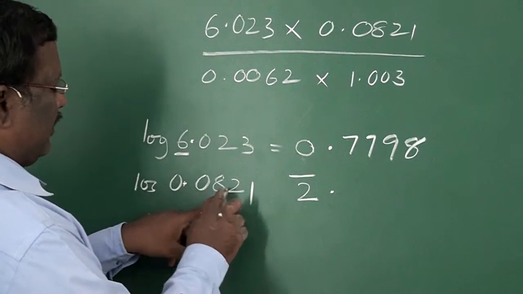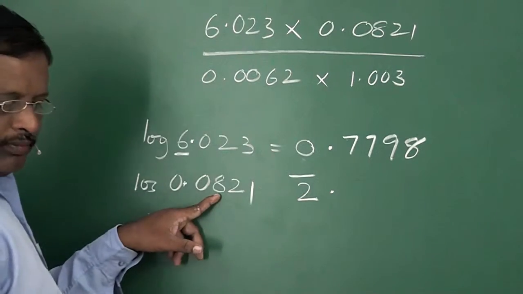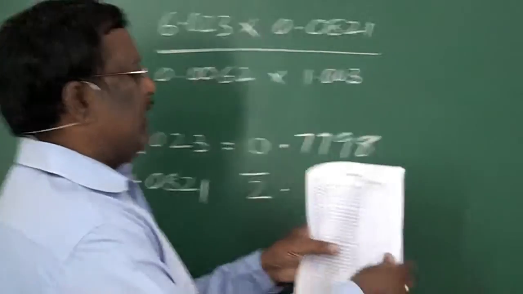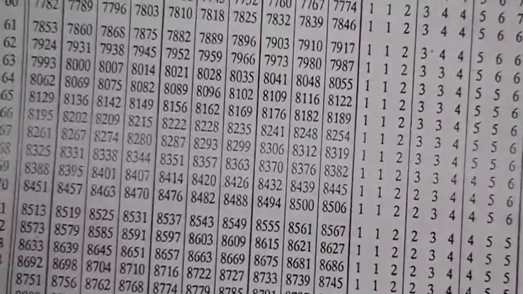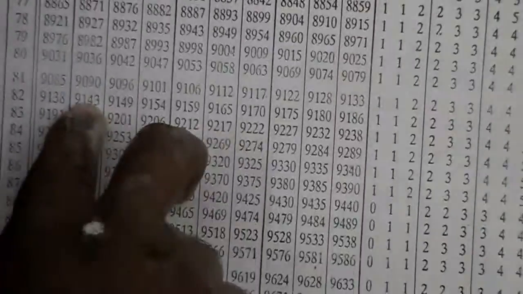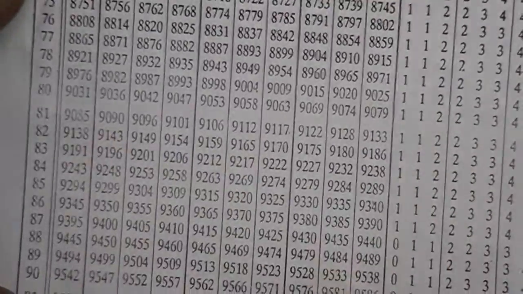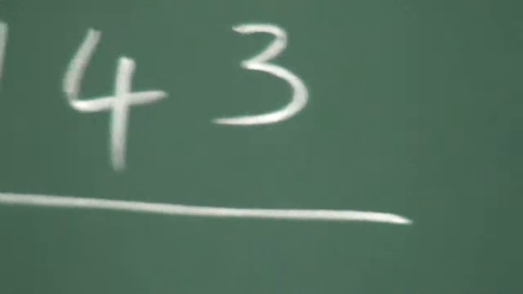Then the mantissa value will become 82 against 1. 82 against 1 is 9143. Write 9143 here. Then subtract it.